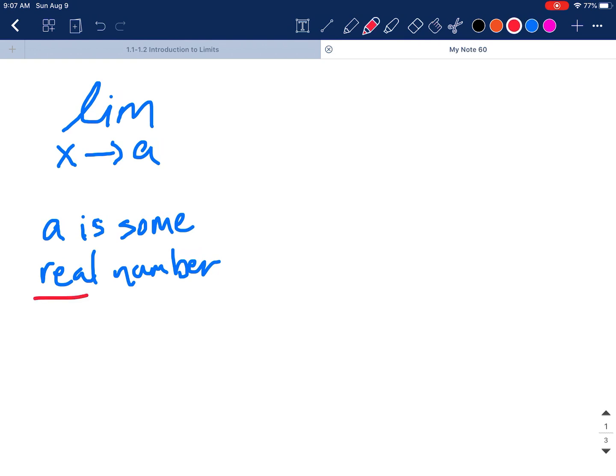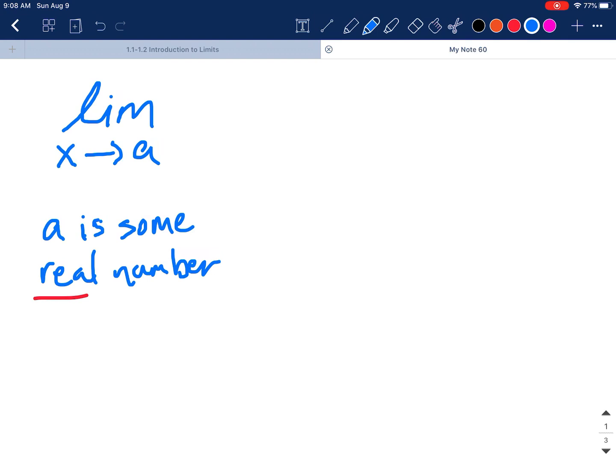And just as a side note, for the single variable calculus course, we only deal with real numbers. We don't deal with complex numbers. The calculus of complex numbers is a course that you can take in college, but for us, we're going to focus on real numbers and real valued domains only. So a is some real number.